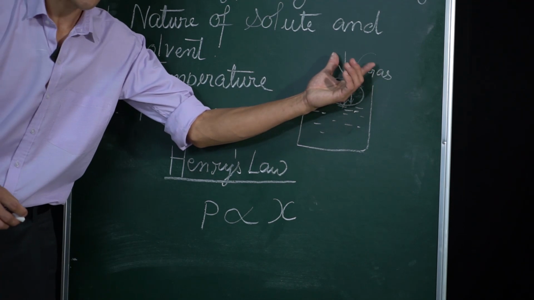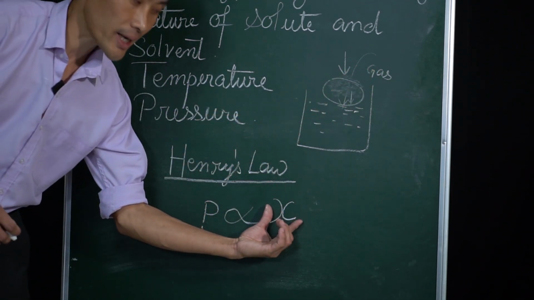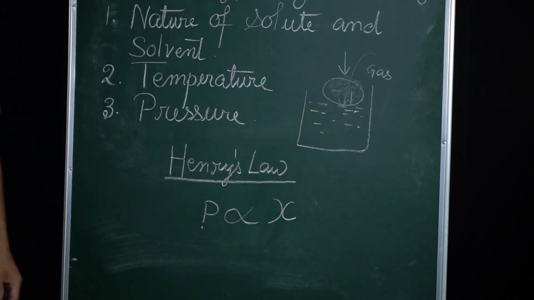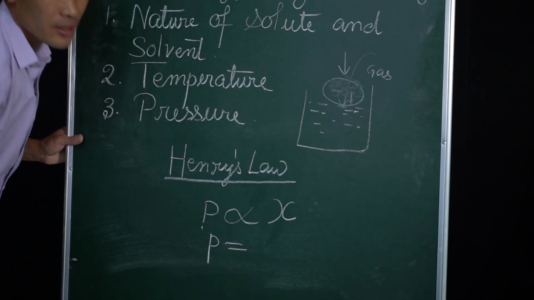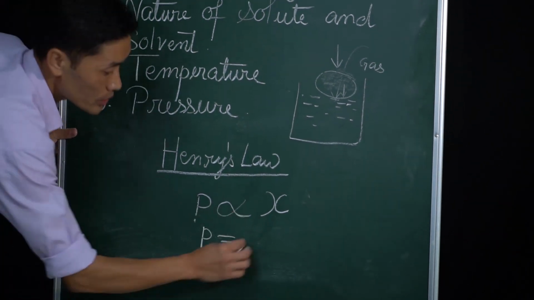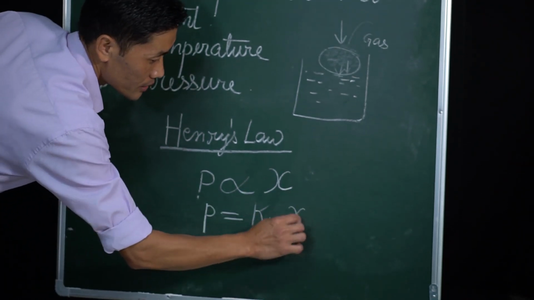The pressure applied on the gas is proportional to its mole fraction in the solution. So P will be equal to a constant of proportionality, which we will write as Kh, into this mole fraction.